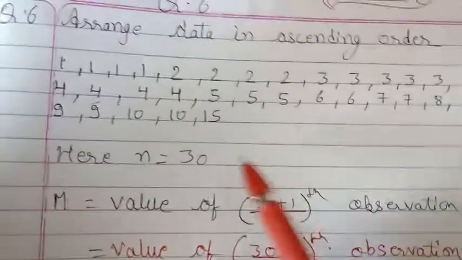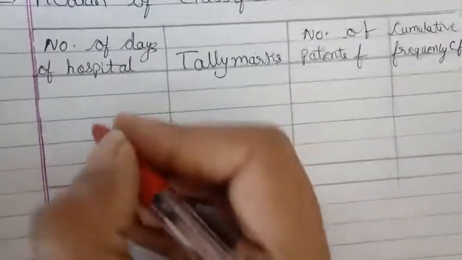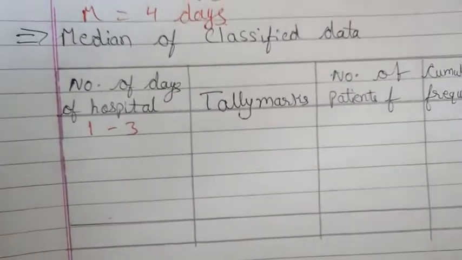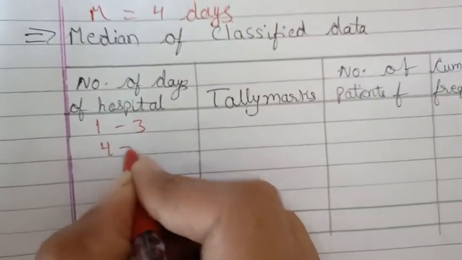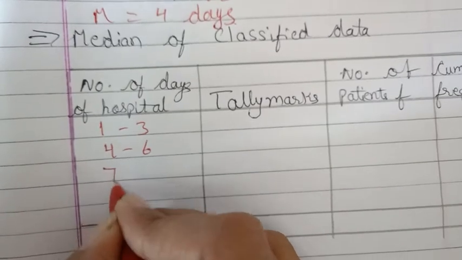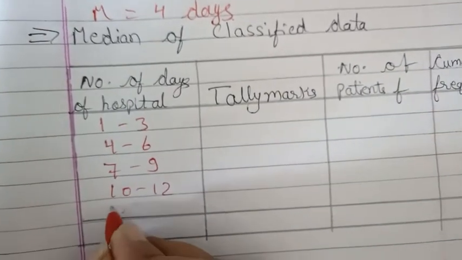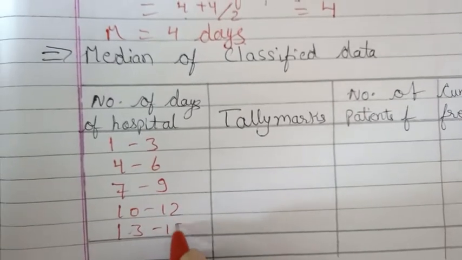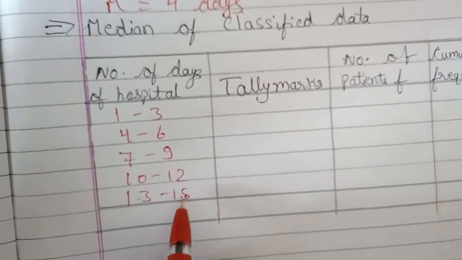Now we have to convert this data into classes, inclusive class, and the first class we have to take as 1 to 3. That is our first class. Now in the same way, we have to keep the same class length. So we'll make 4 to 6, 7 to 9, 10 to 12 and 13 to 15, as 15 is our maximum value, so that gets included in the last class.